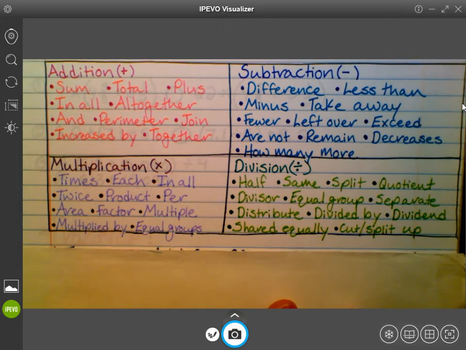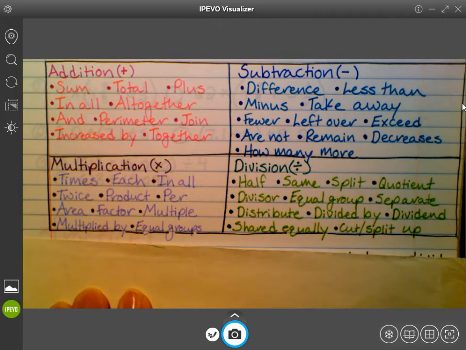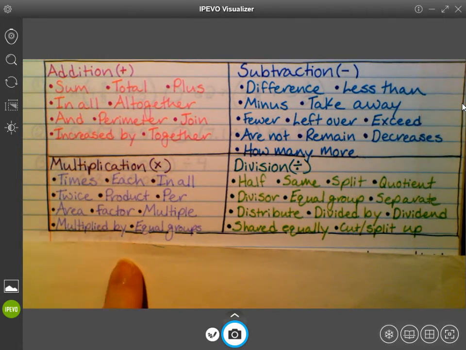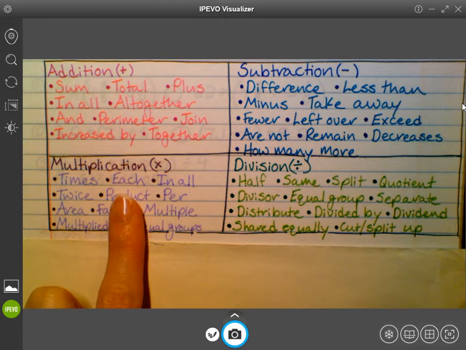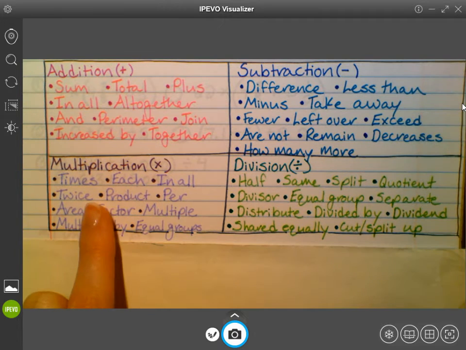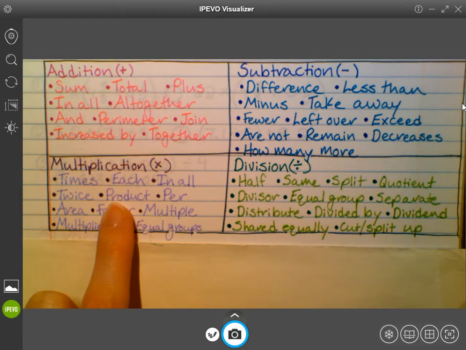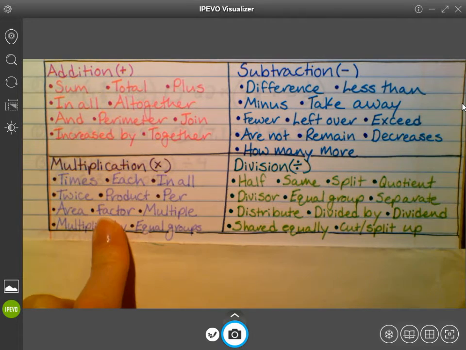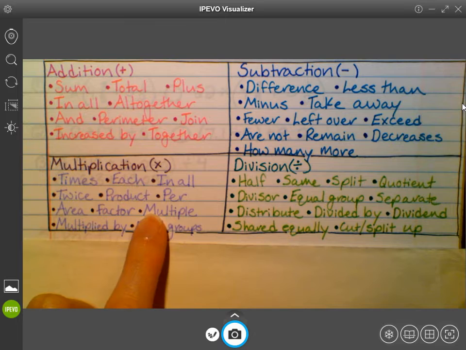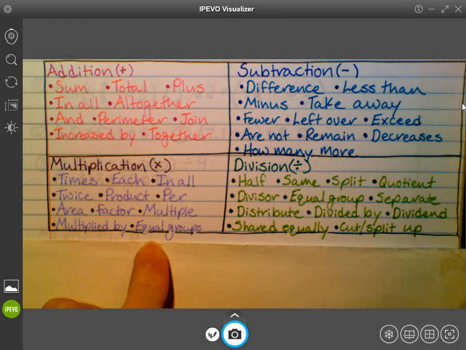For multiplication, we have times. I think that's the one we hear the most, right? Times or multiply. Then we have each, in all, twice, product, per, area, factor, multiple, multiplied by, and equal groups.